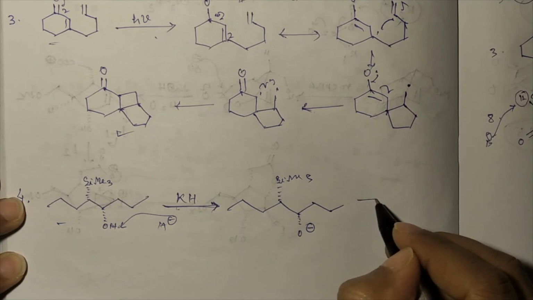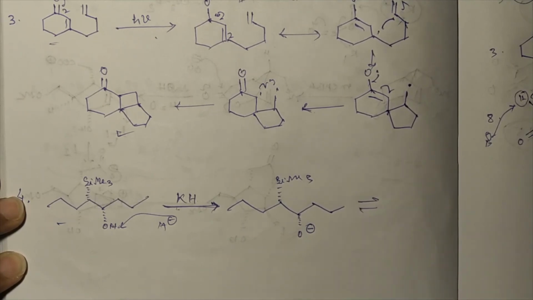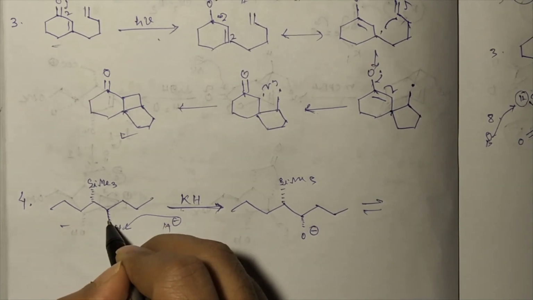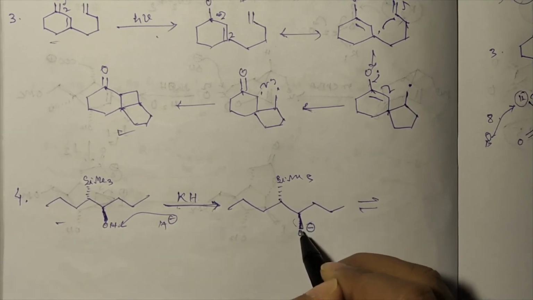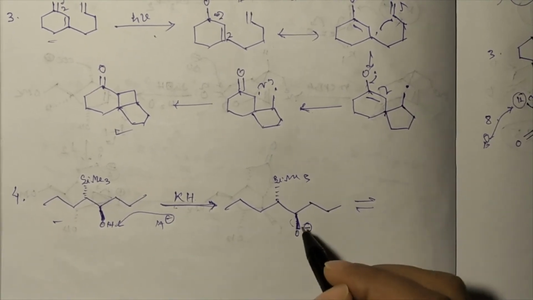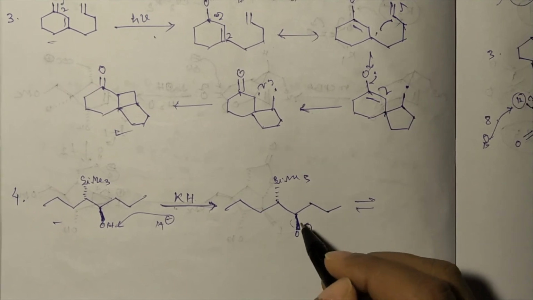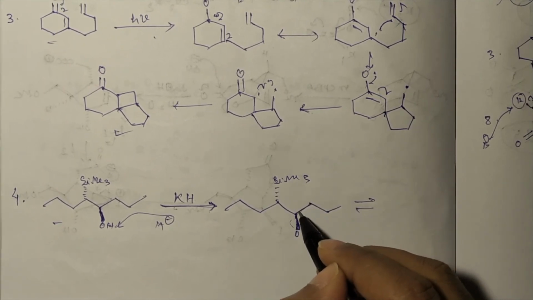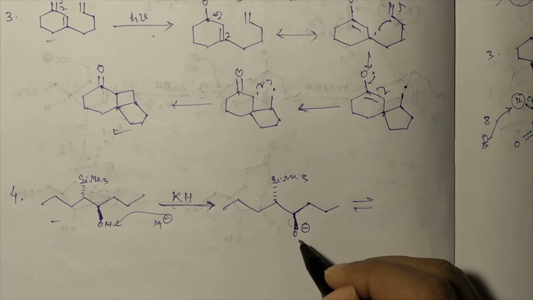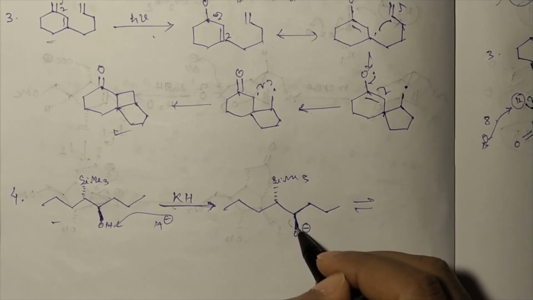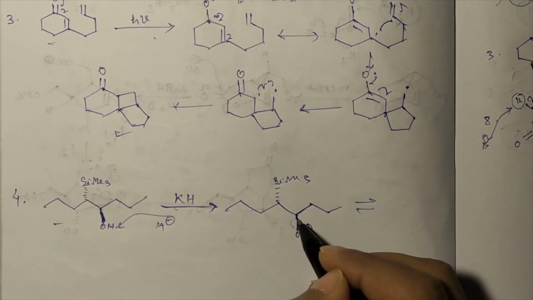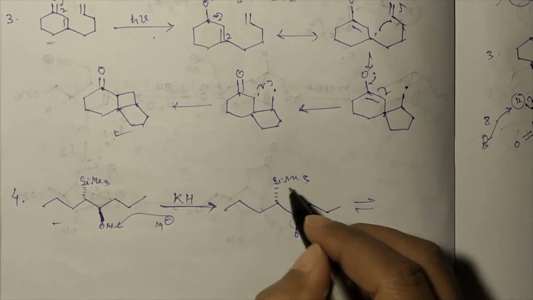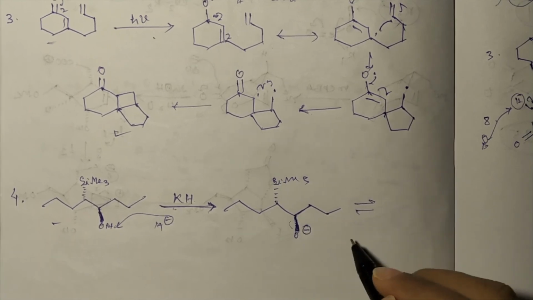Now which group is actually above the plane. So what will happen now, we have to rotate this carbon-carbon bond so that this O minus will go below the plane, so that SiMe3 and O minus will be on the same side.